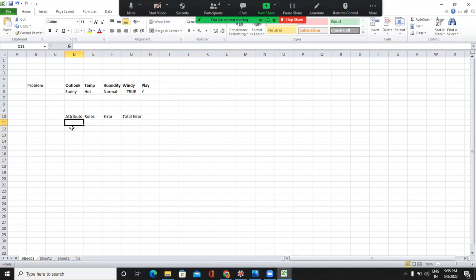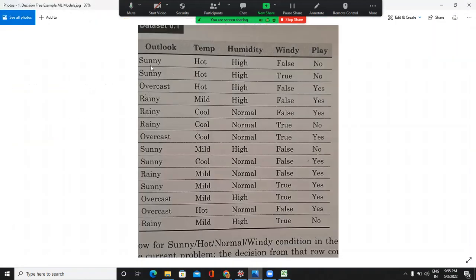So the first feature is outlook. So rules in outlook. We have to take one by one.